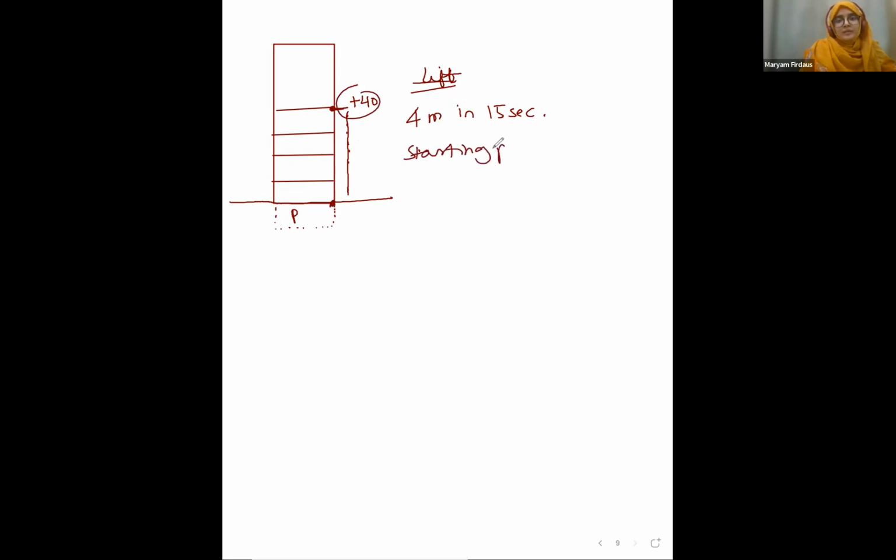The starting point is 40 meters. It's very similar to what we have done in the previous question.